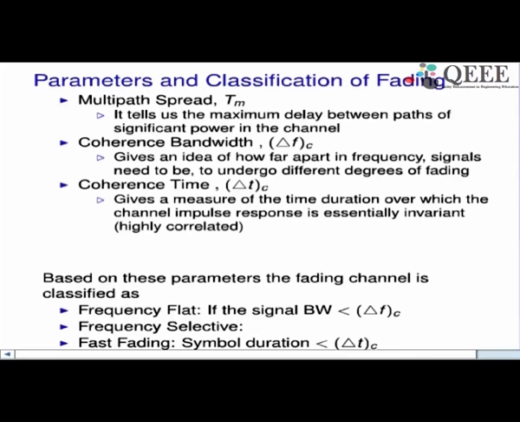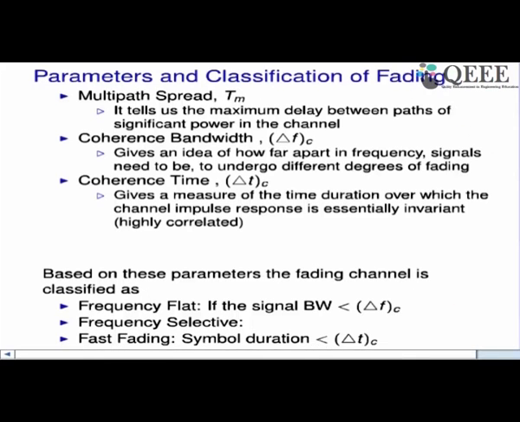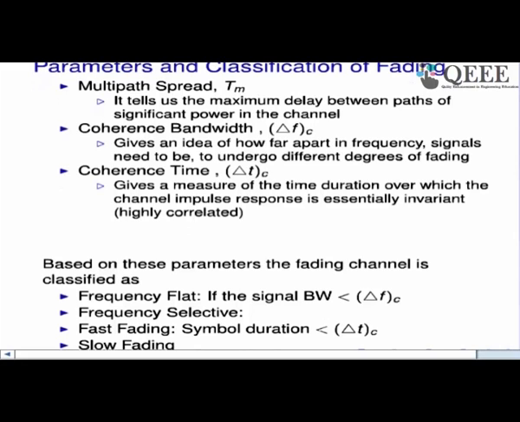The second classification is because of the coherence time. If the symbol duration is significantly less than the coherence time, then the signal attenuation will not change.